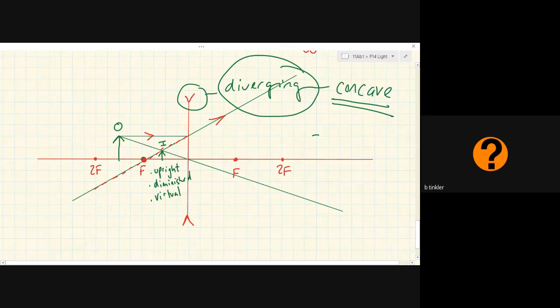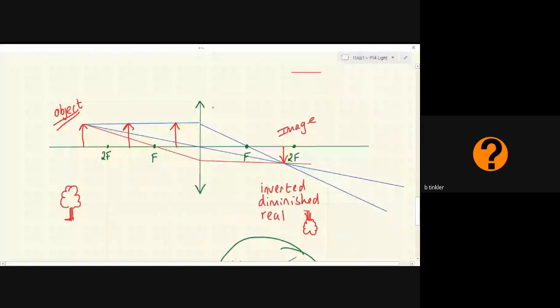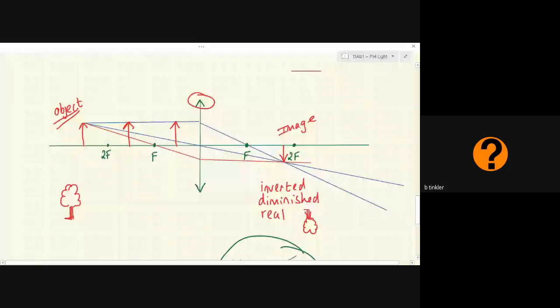Right. Yeah. So if you imagine, rather than in this diagram, a ray going to the lens, the one I draw to the lens will go through the focal point.